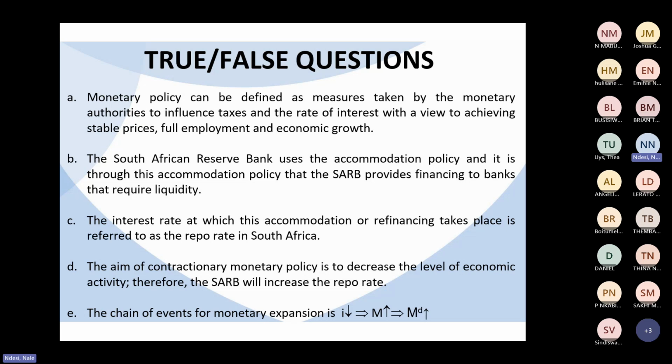So take note of the positioning of the MD and the M. Sometimes it's going to be confusing, but you need to take note of these and not make the mistake. So this statement is false.